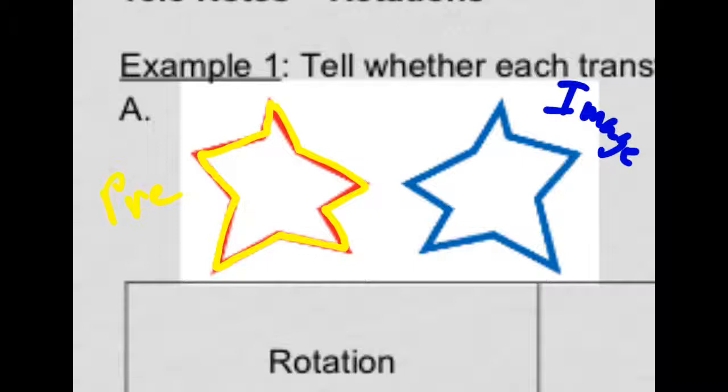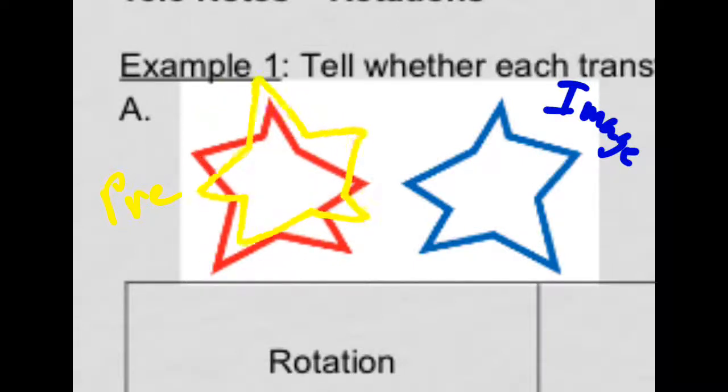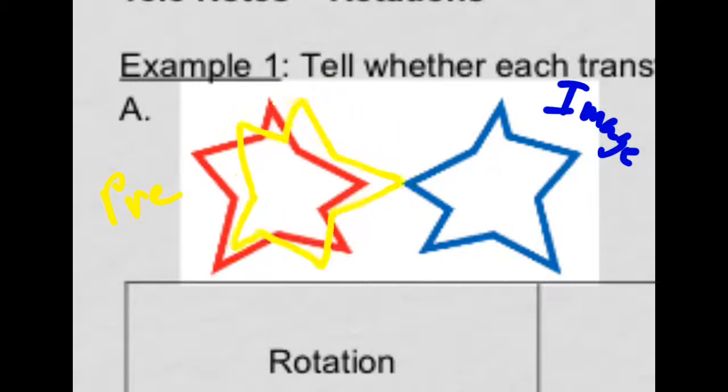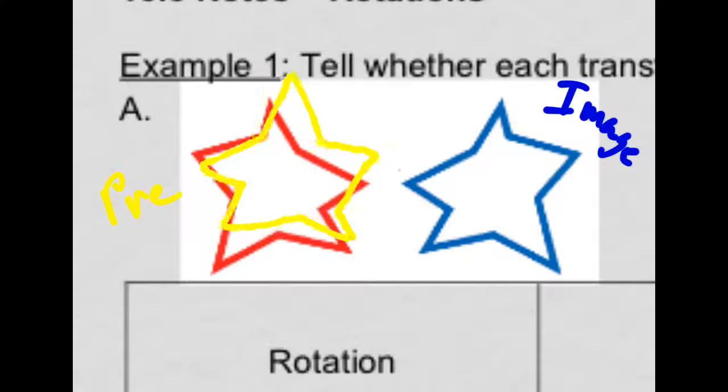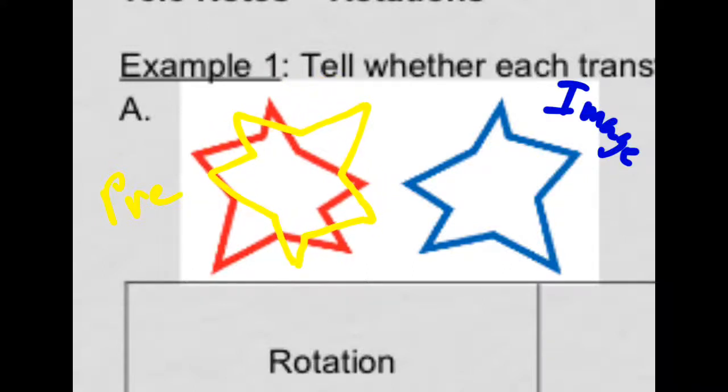Well, as you might guess, when we're talking about rotations, we're actually just talking about turning that figure around. And we're talking about turning a figure around a point. And at this point, we're turning it around the center of my little select box here.